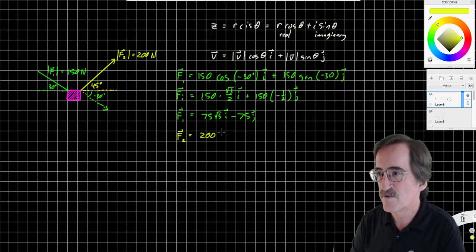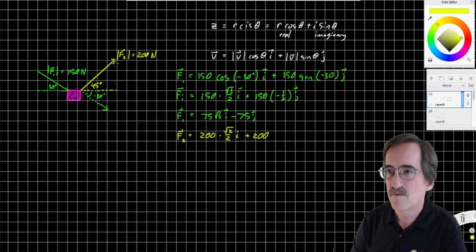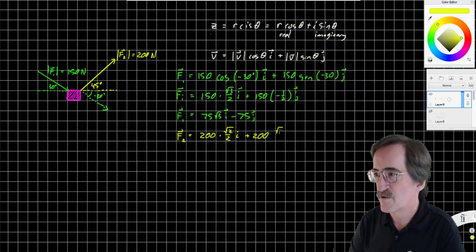But root 2 over 2, i, plus 200 times the vertical component, root 2 over 2, j. Okay, simplify a little bit. F2 is 100 root 2 i plus 100 root 2 j.